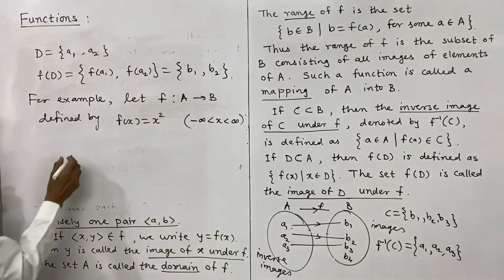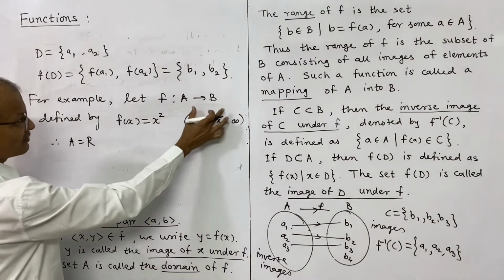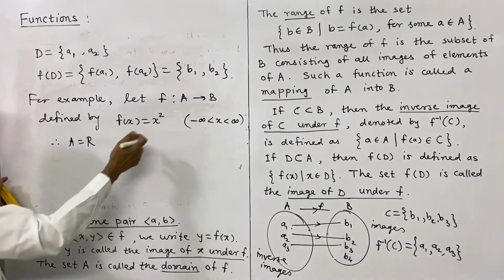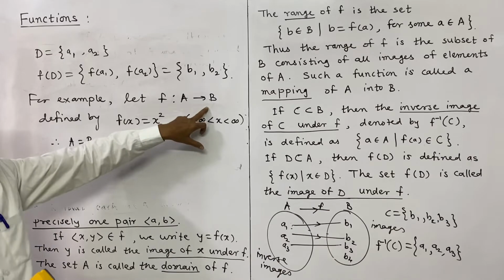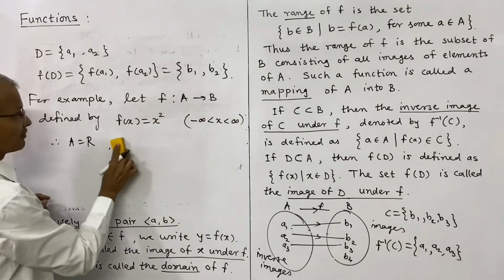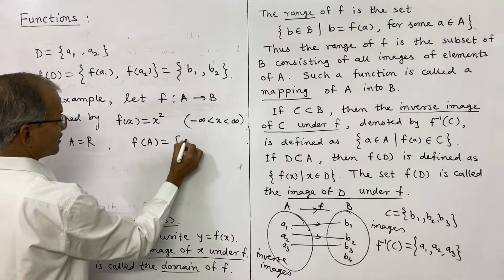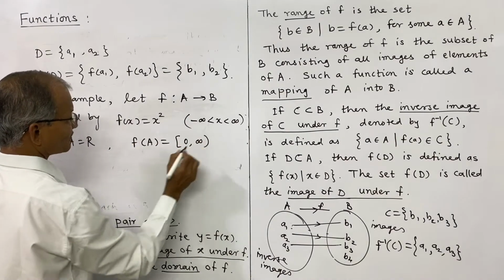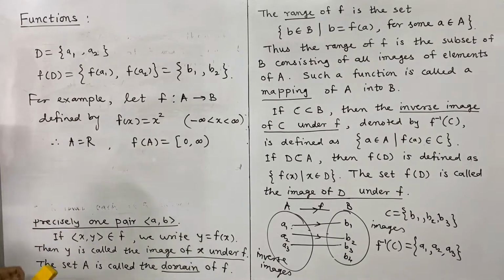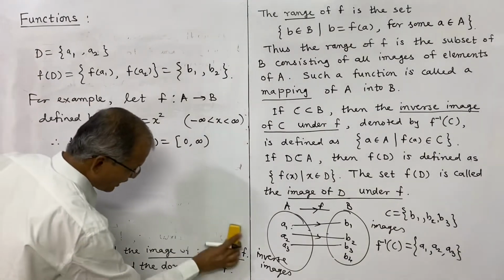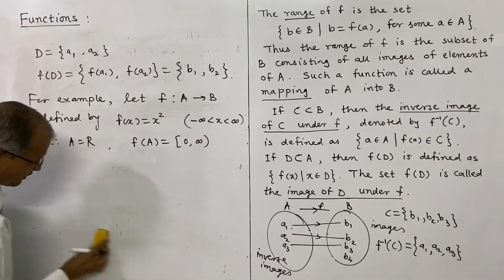So, therefore A is the set of all real numbers from minus infinity to infinity. This domain can be considered as the real numbers, but f of A will be equal to 0 to infinity, the non-negative real numbers, because it is a square, and the square of a real number is non-negative.